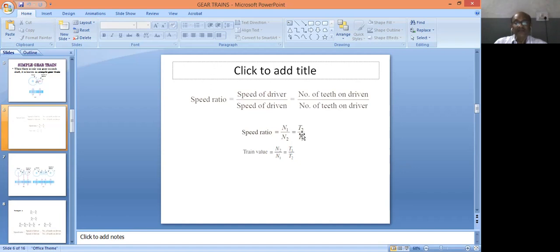In terms of number of teeth, it is equal to T2 by T1. The train value is the reciprocal of the speed ratio, that is N2 by N1.